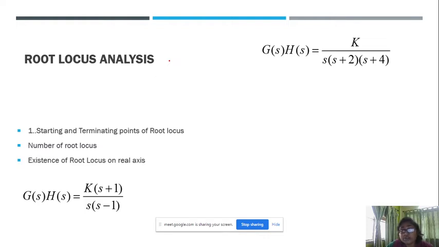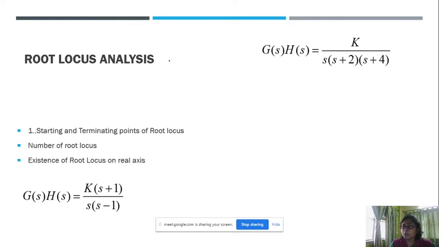We also discussed that the angle criteria means the angle of the open loop transfer function should be equal to minus 180 degree or minus pi. So for a system to be on a root locus, it should obey the angle criteria.